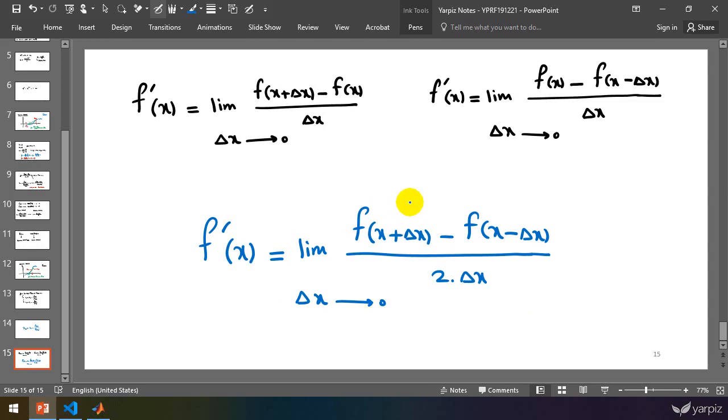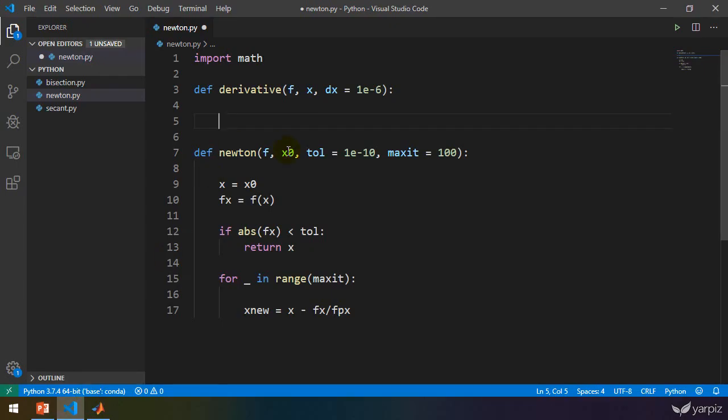We have this central definition of function derivative here, and we're going to use this. Just calculate the value of the function at x plus some small value and x minus some small value, then divide the difference by 2 times the difference of x. So I'm going to calculate this.